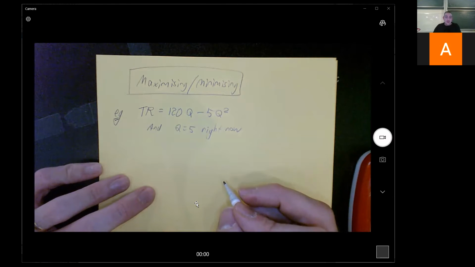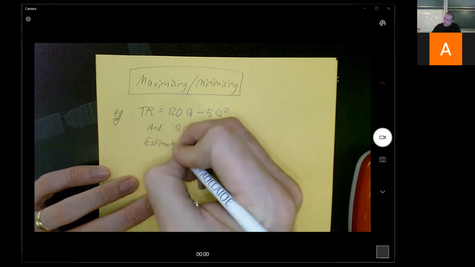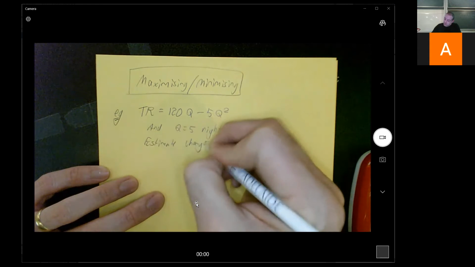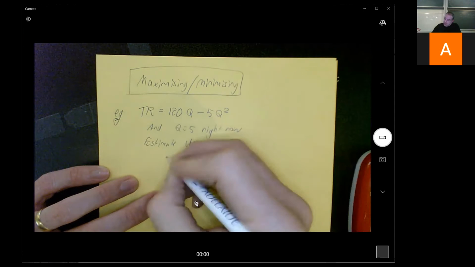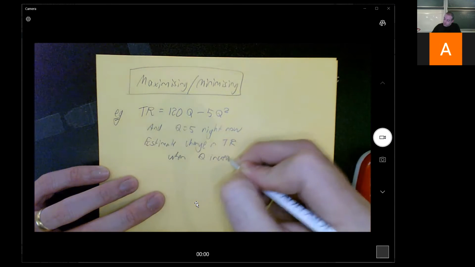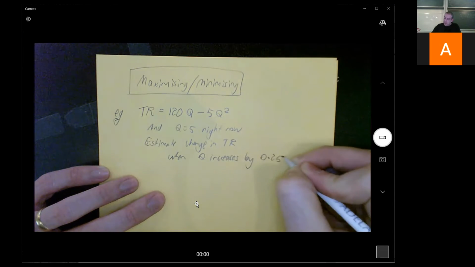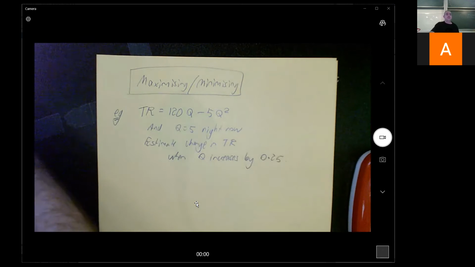Then use differentiation to estimate the change in total revenue when Q increases by 0.25.